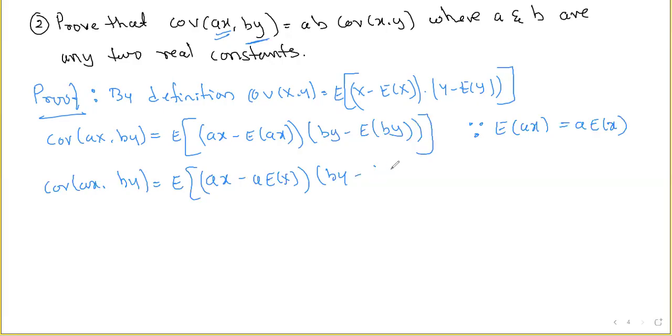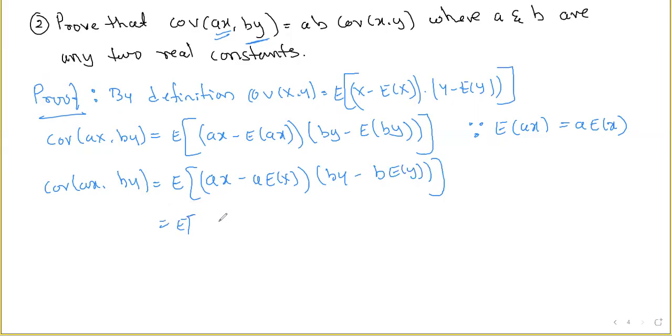So this will be b into expected value of y because of same, right? It means that expected value of ax is nothing but a into expected value of x. This is nothing but expected value of constant multiplied by random variable, that will be constant into expected value of that random variable, right? So here what we'll do, in this quantity a is common and in this quantity b is common, right?